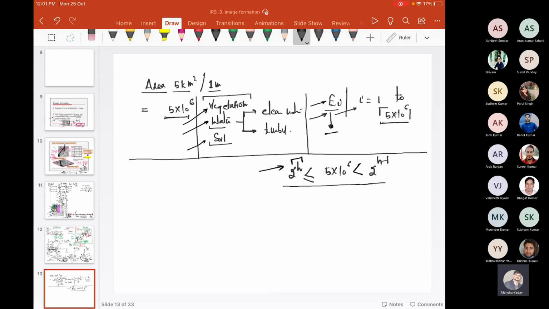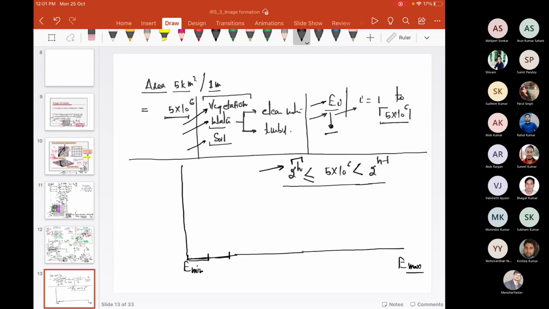Let's say I draw a line over here, and this is the minimum energy component and this is the maximum energy component. Rather than assigning a unique number to each energy component, we assign a unique number to the range.